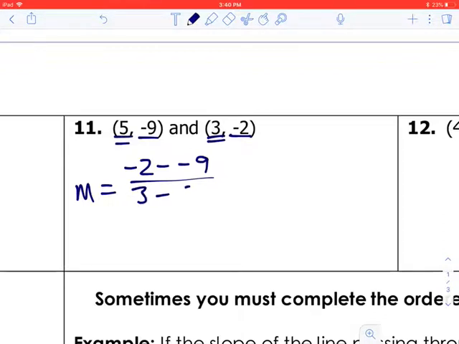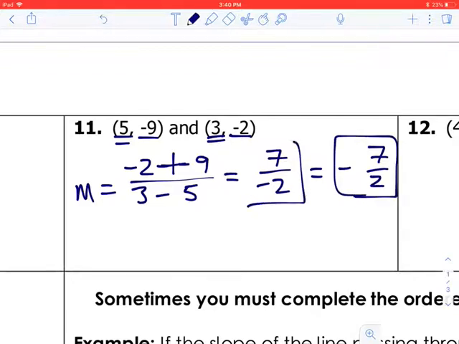In this case, minus a minus becomes a plus, so negative 2 plus 9 is 7 over 3 minus 5 is negative 2. And so you just check for your sign, and if you can't do anything else as far as reducing or the sign goes, you just write your answer. It's negative 7 over 2.